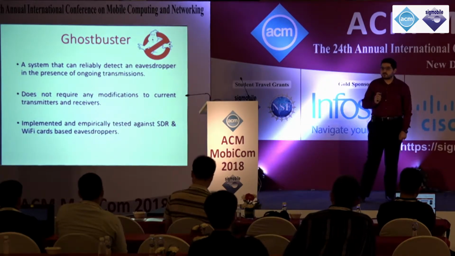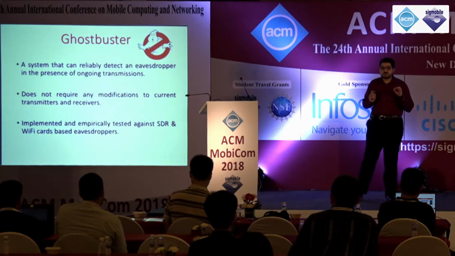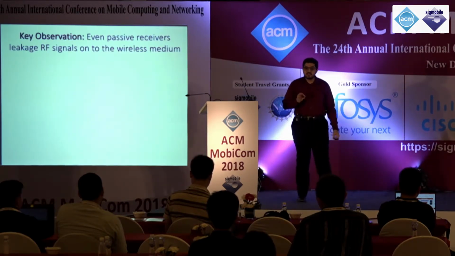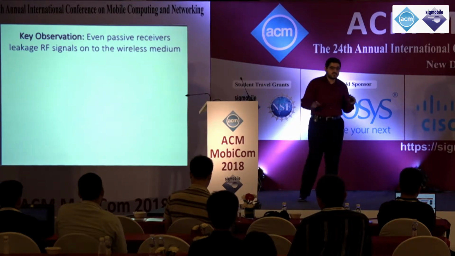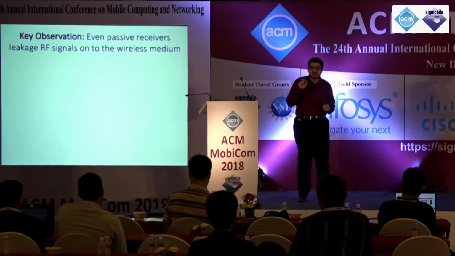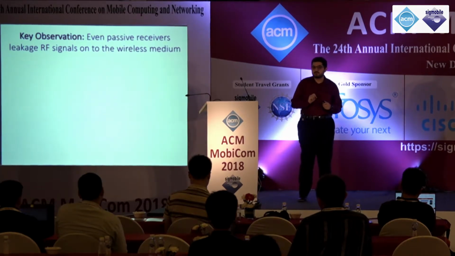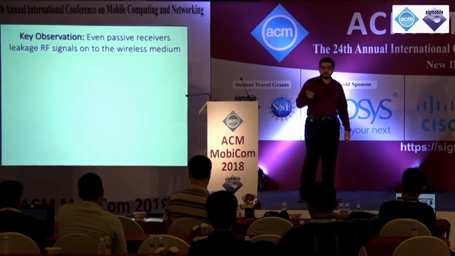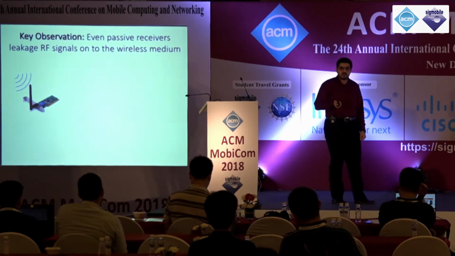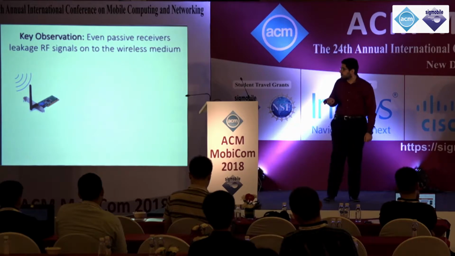So how does it work? The key observation underlying Ghostbuster is that even passive receivers that transmit nothing on the wireless medium actually leak RF signal onto the spectrum. To understand why, let's consider any Wi-Fi card or wireless receiver and look at its hardware architecture.